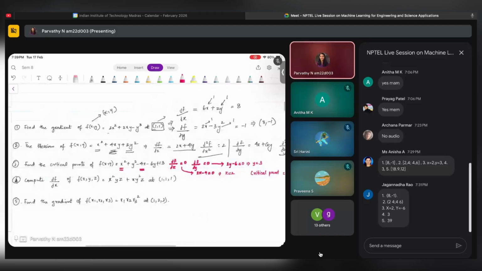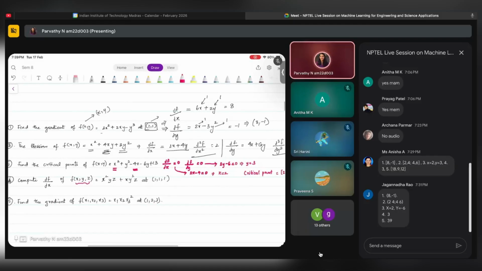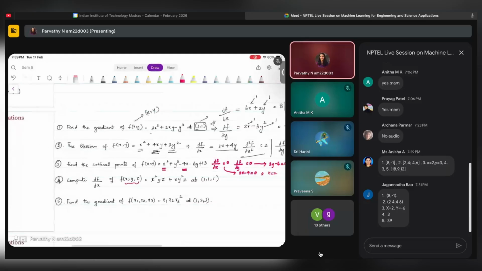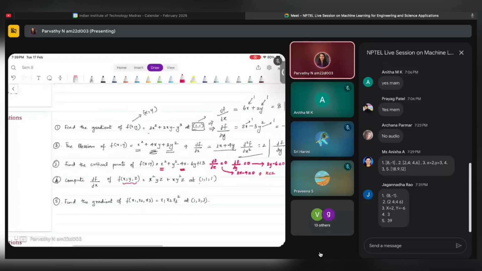Now compute ∂f/∂x. f is a function of three variables. We just have to find what is ∂f/∂x at 1, 1, 1.